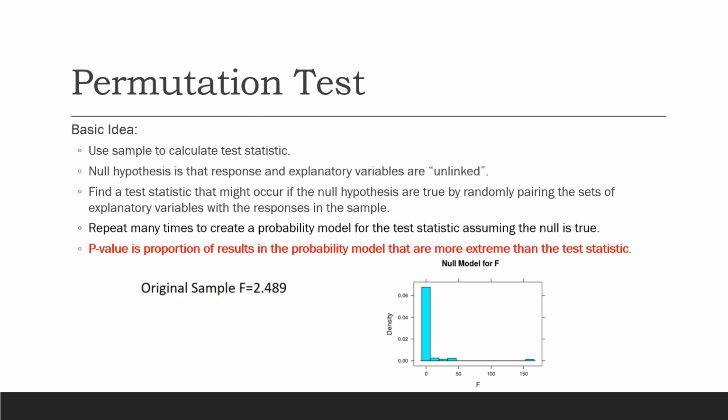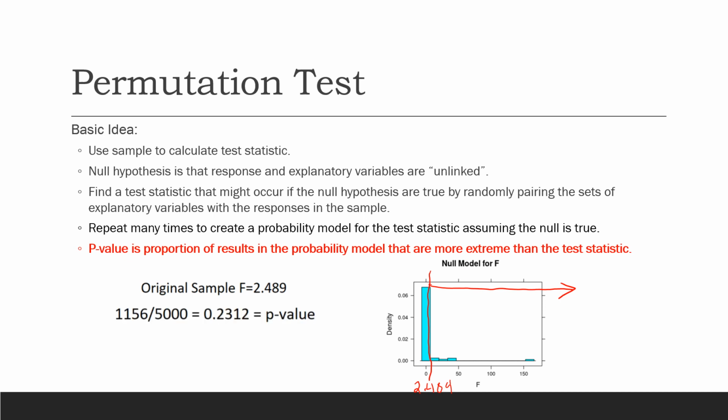So I can find this by taking my original sample test statistic, that was my F of 2.489, and then figuring out what proportion of the results in this distribution are larger than that. So, somewhere along here, I've got 2.489, and I'm going to be figuring out what proportion of my simulated F values are out in this distribution.